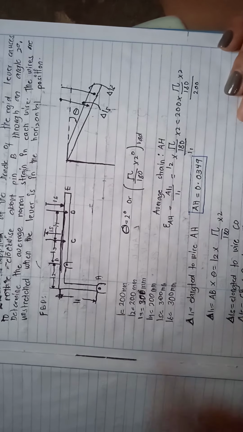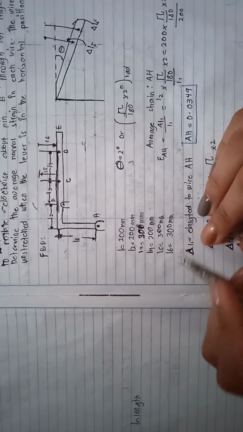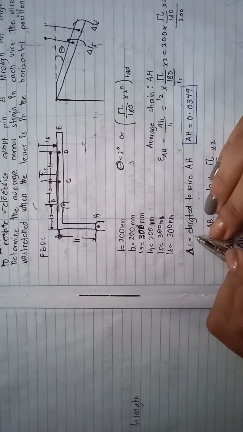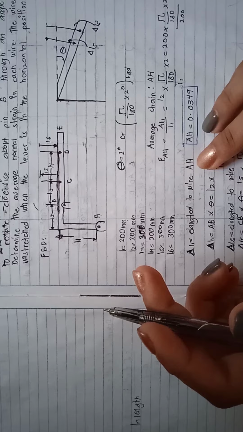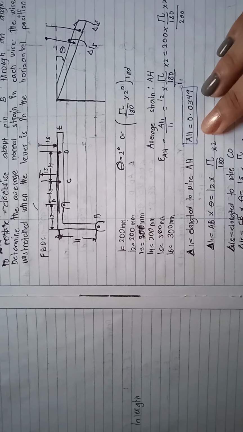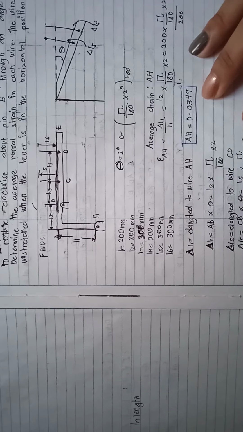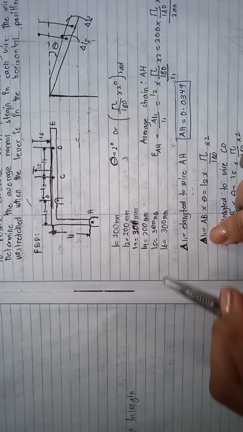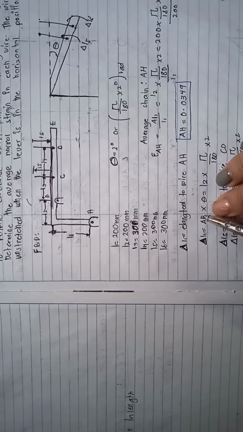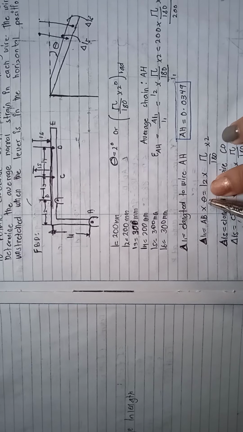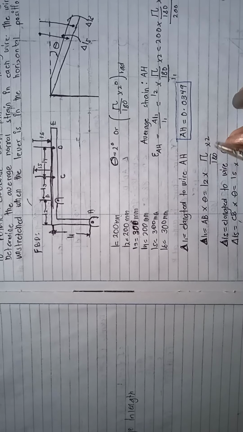So, change in length I1 is the elongation of the wire EH. So, EH natin, kinumpute natin is equals 0.03449. So, change in length I1 equals AB times beta equals I2 times pi over 180 times 2.